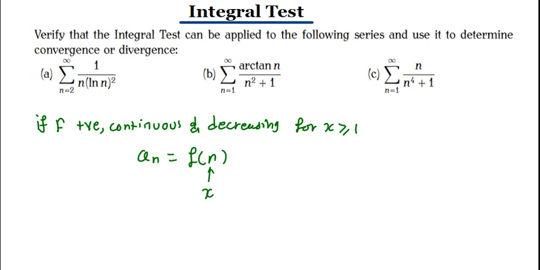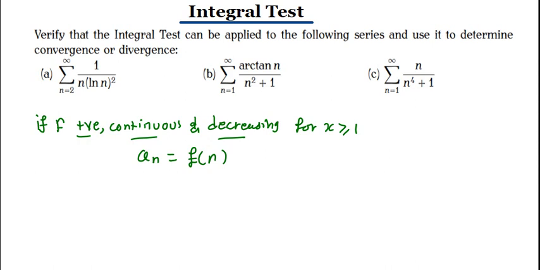There's no harm. So if these three are satisfied, then your series a sub n is equal to f of n. That's the interesting part, where everything starts to become clear.